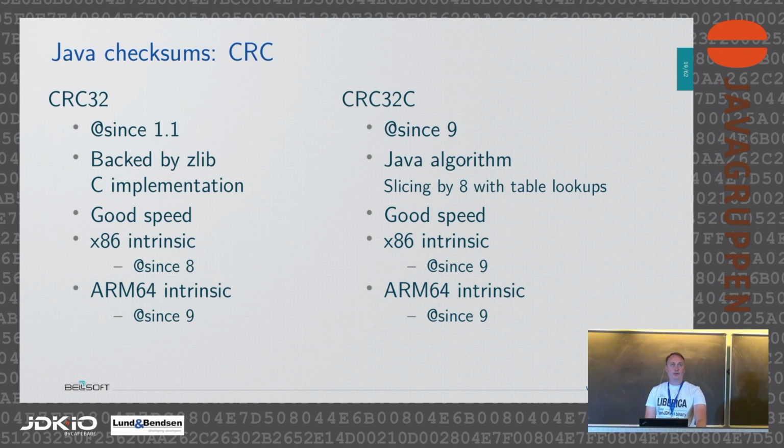And CRC32C was added just in 9, and at that time it was also intrinsified for multiple platforms. But there is a Java algorithm there also. So on platforms that don't have intrinsics, like for example ARM32, it works as compiled code.